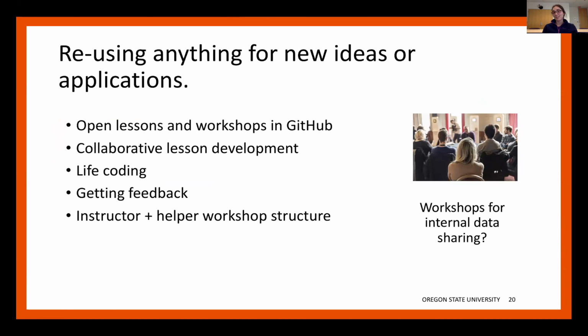The different ways that the carpentries have of getting feedback are creative and useful ways of getting feedback. The structure of the workshops in which there's an instructor, but there are helpers that help the class go at the right pace, that's a very good thing to copy too. And that's the end of my talk.